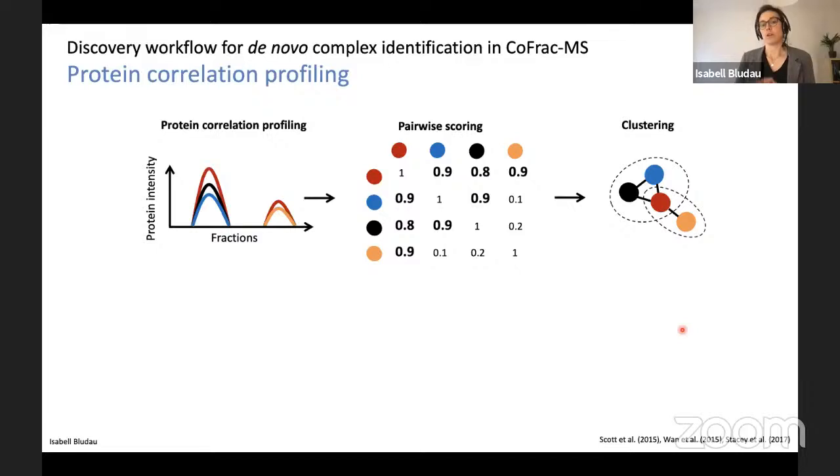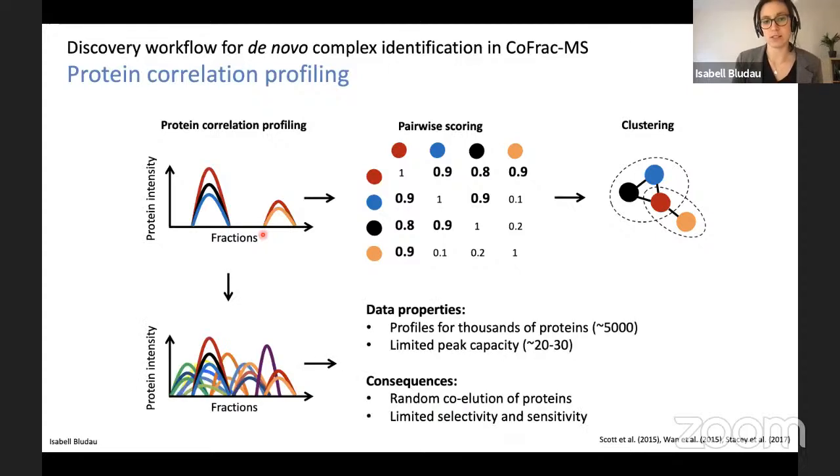This is one of these discovery-based analysis strategies where you start from the protein elution profiles, you perform a pairwise scoring of the correlations between the proteins, and then you can use an elaborate machine learning framework to group proteins into modules of co-regulated protein complexes. While this works very well in theory, there are several challenges associated with this analysis strategy.